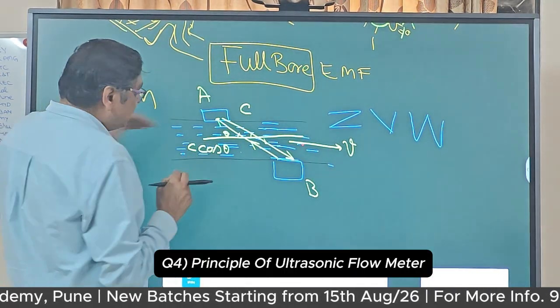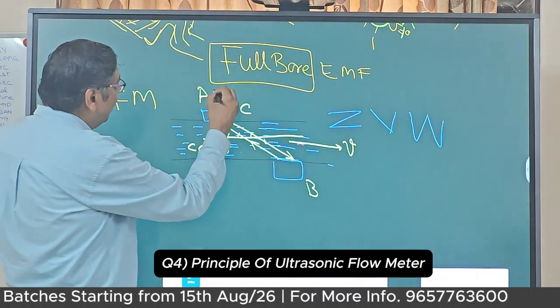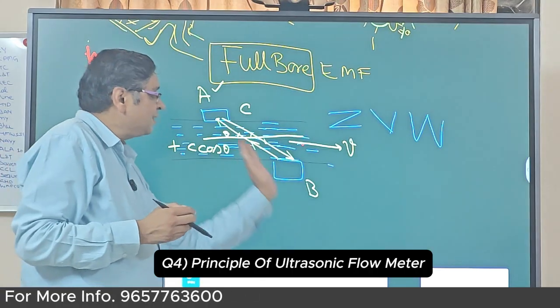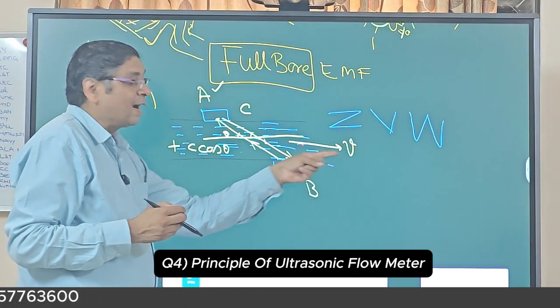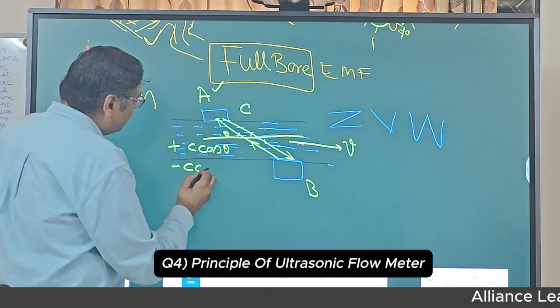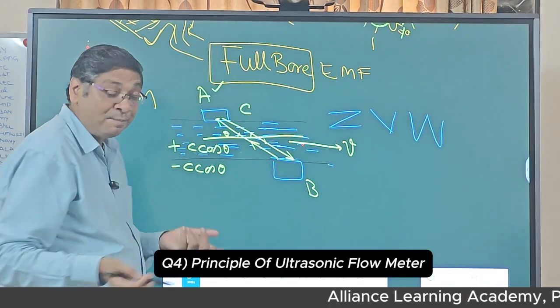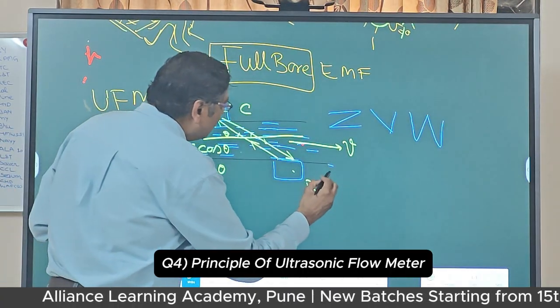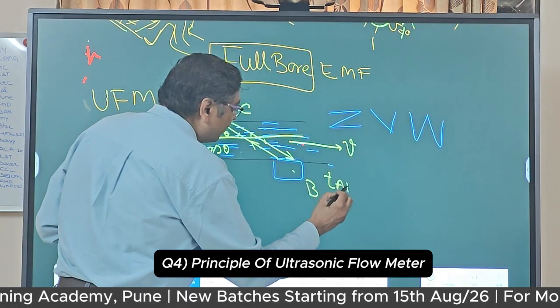From this direction, for A, it is V plus C cos theta. But when B is sending, B is working against the fluid velocity, so that component will be V minus C cos theta. Now the time from here to here is TAB.